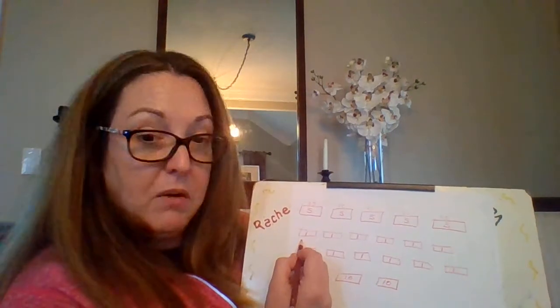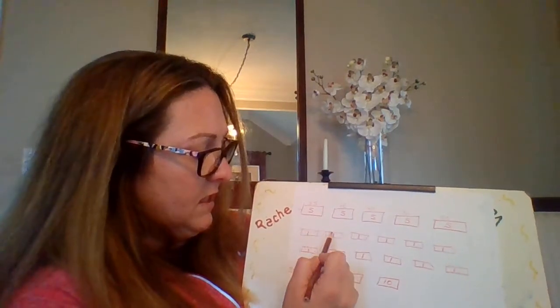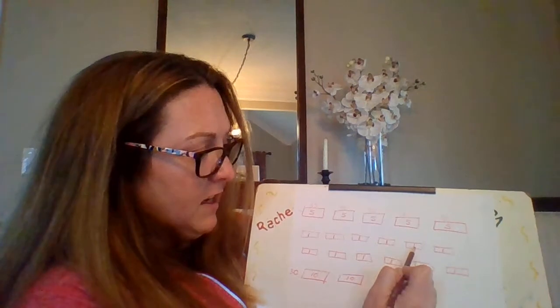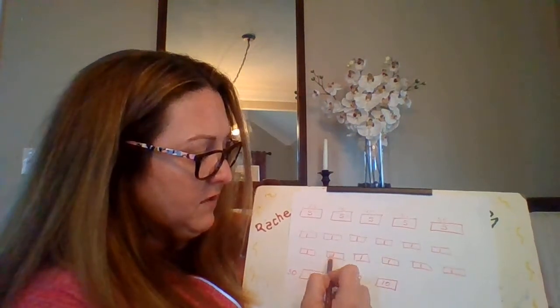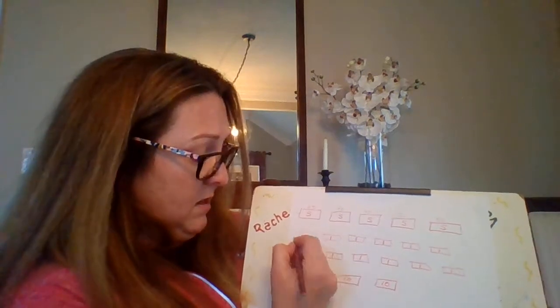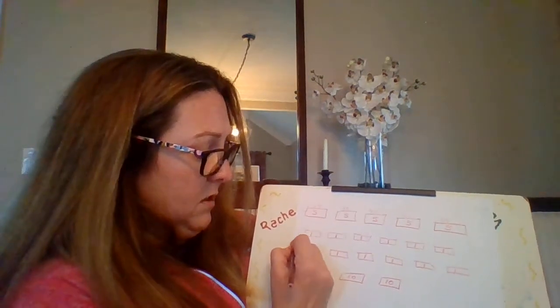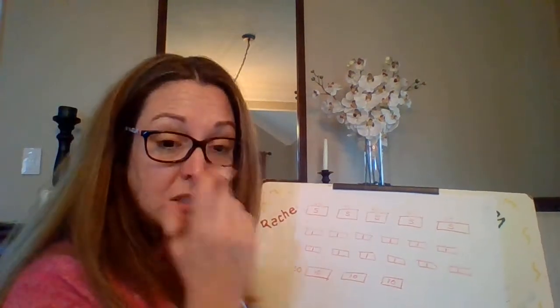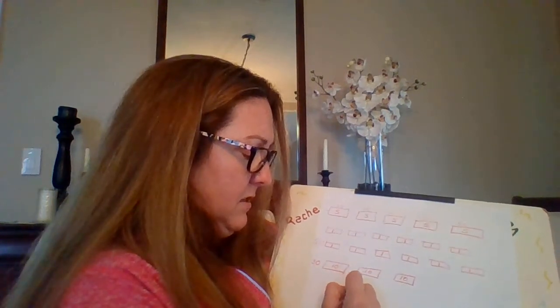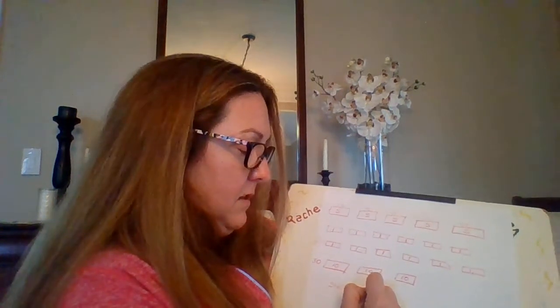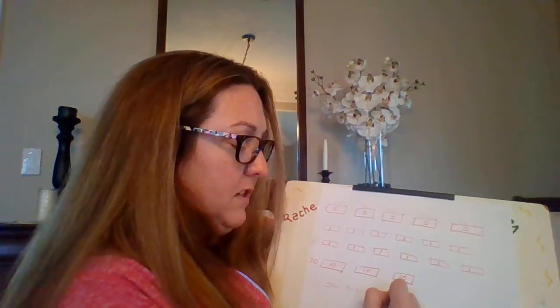And then I could count my ones. 56, 57, 58, 59, 60, 61, 62, 63, 64, 65, 66, 67 total. So I think to answer her question in a sentence, I would say she has $67 in her wallet.